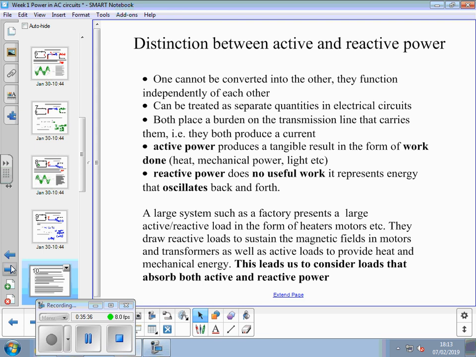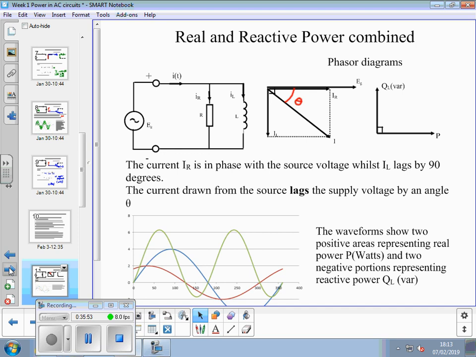This leads us to consider loads that absorb both active and reactive power and how they work together. So that's where we're going to move on to now. Real and reactive power combined.